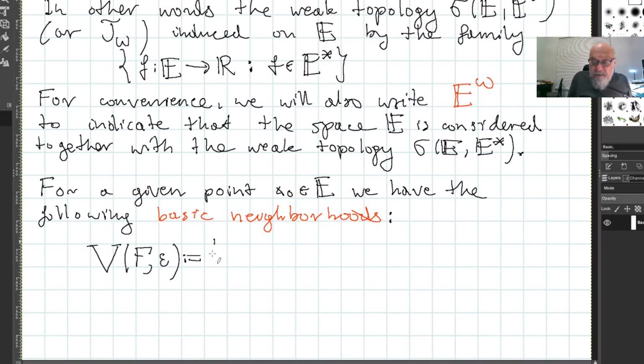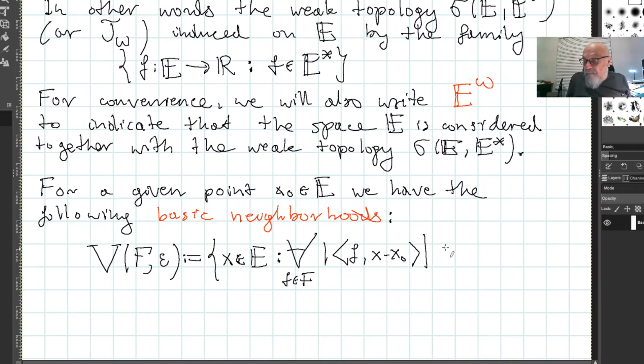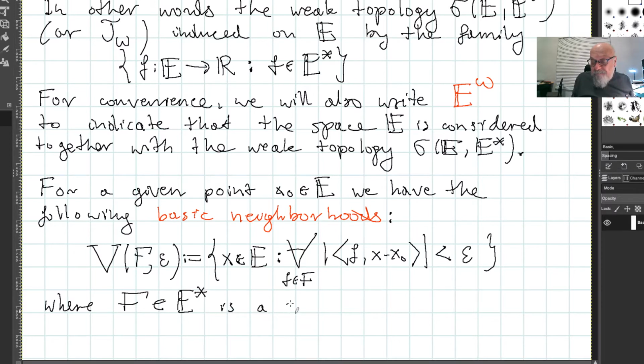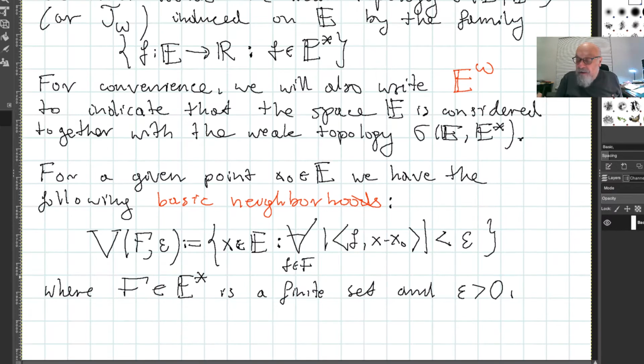So this will be defined as the set of all x in E such that for every f belonging to F, we have the absolute value of f(x minus x naught) smaller than epsilon, where F is a finite subset of E star, and epsilon larger than 0 is just a real number. So this is basically done.